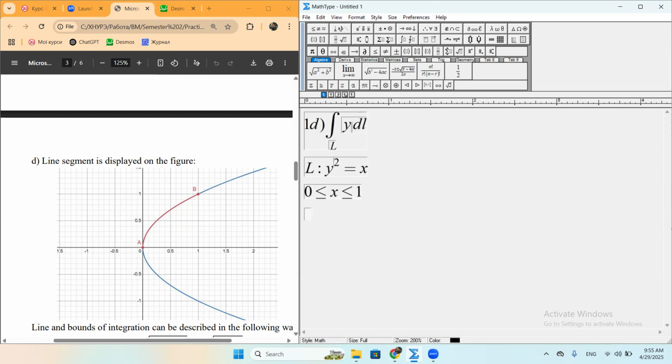And what about dl? Actually y equals square root of x. For this segment it will be square root of x. If it was here, it would have been minus square root of x. Now let's calculate dl. It will be equal to the square root of 1 plus 1 over 4x dx.